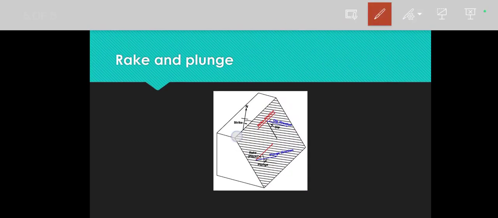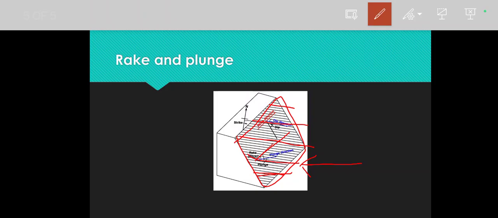Here you can see this is the fault plane, and all these are linear structures found in the fault plane. You choose one. For example, I choose this particular line as a lineation feature, and I will measure from the strike line.